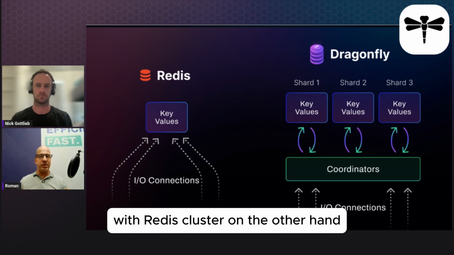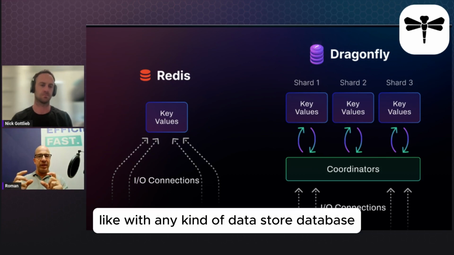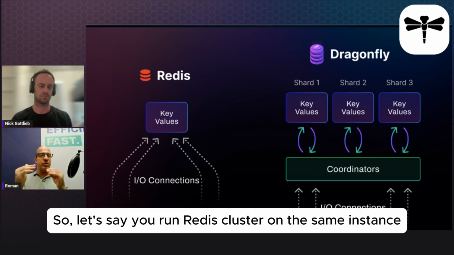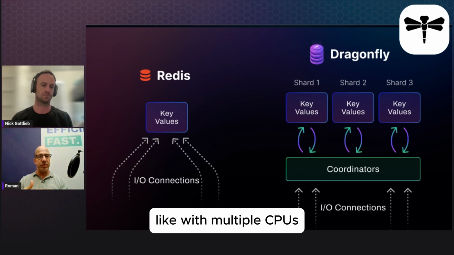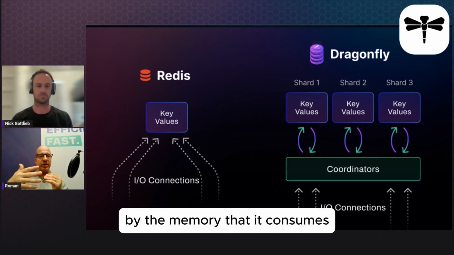With Redis cluster, on the other hand, like with any kind of database, you must provision your memory capacity for each shard. So let's say you run Redis cluster on the same instance, with multiple CPUs, then each shard will be limited in advance by the memory that it consumes.